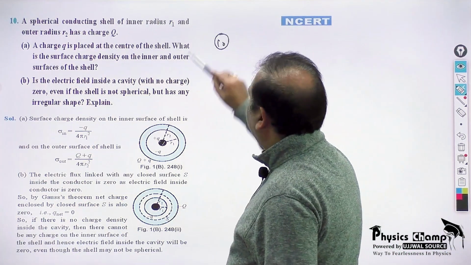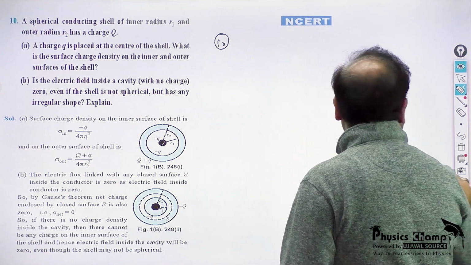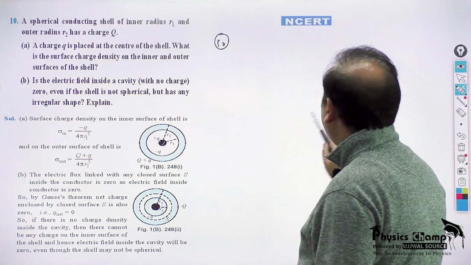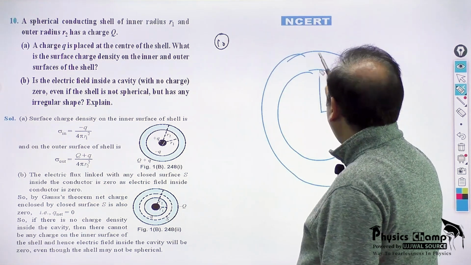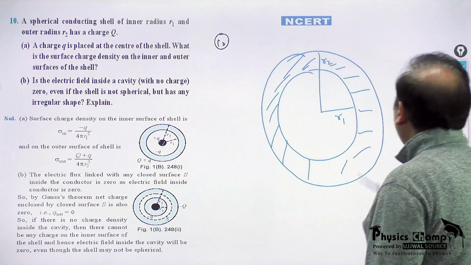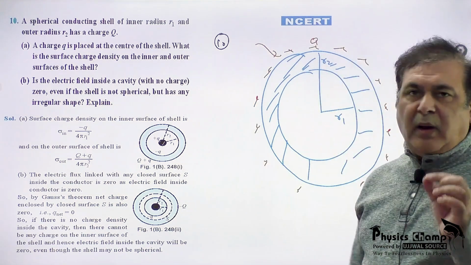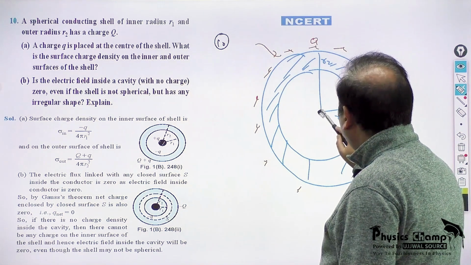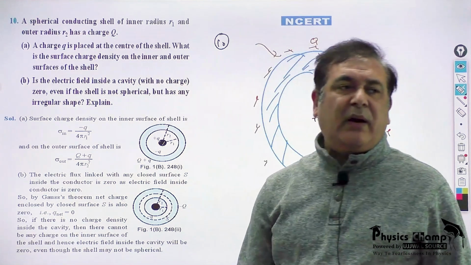Now looking at question number 10 of NCERT, it's a simple question where you are told there is a spherical conducting shell of inner radius r1 and outer radius r2. It's a conductor, and it is given a total charge capital Q. Now if a small charge plus q is placed at the center of this shell, what is the surface charge density on the inner and outer surfaces of this shell?